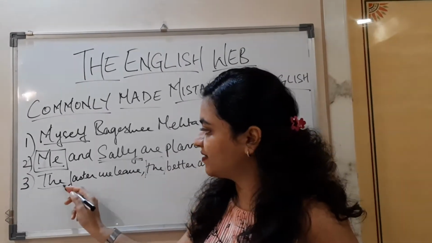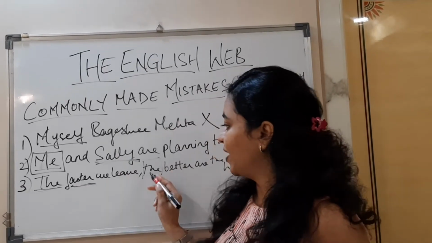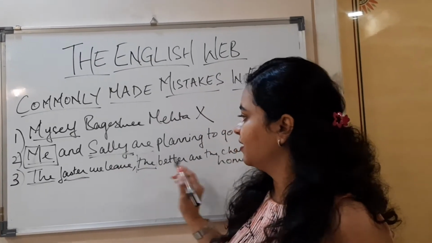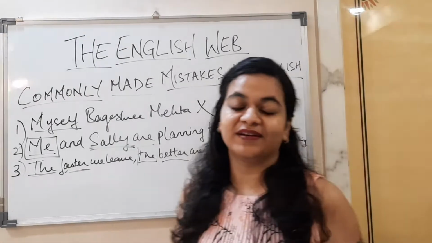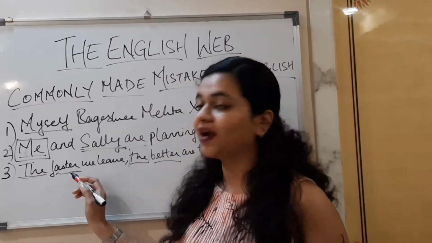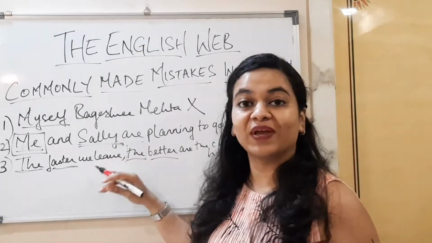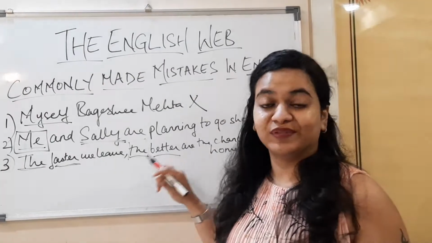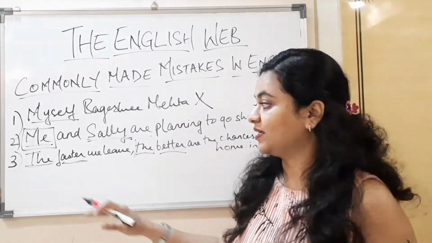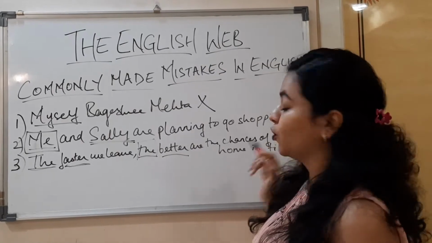If you start the sentence with a comparative degree word, you have to use the and again a word in the comparative degree. So you start with the, you use a word in the comparative degree. The second half also starts with the before you use another word in the comparative degree. So the faster we leave, the better are the chances of us reaching home in time.